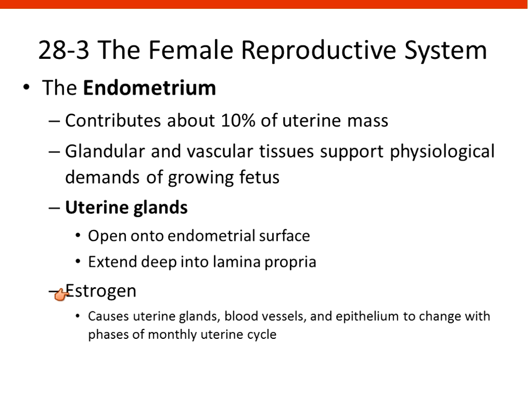Estrogen is the hormone that causes the uterine glands, blood vessels, and epithelium to change during the phases of your monthly cycle. So whether fertilization takes place or not, you have these uterine glands there to monitor and dictate the activities that happen in the uterus.